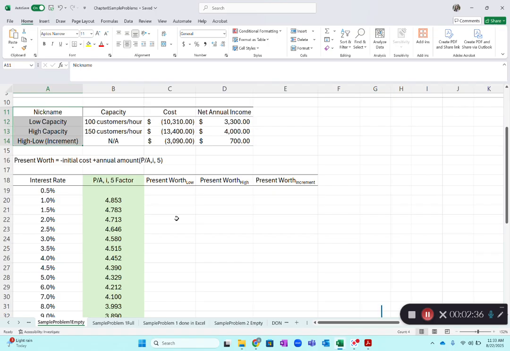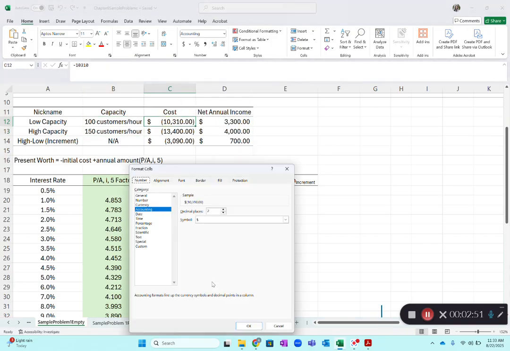If you remember, that means my present worth is going to be equal for my increment, and we'll analyze it that way. So I'm going to then have a capacity of 100 customers and 150 customers. And then the cost, I just formatted these in Excel in accounting. Accounting's my favorite. Basically what that does is it gives me parentheses around the negative numbers.